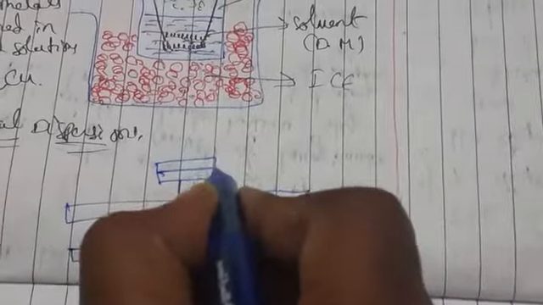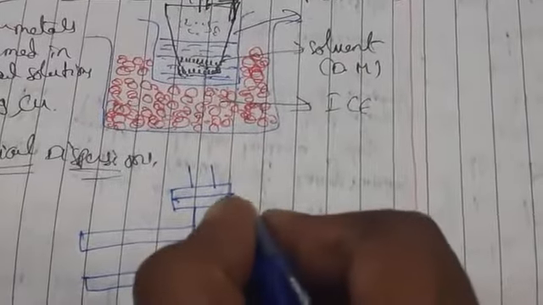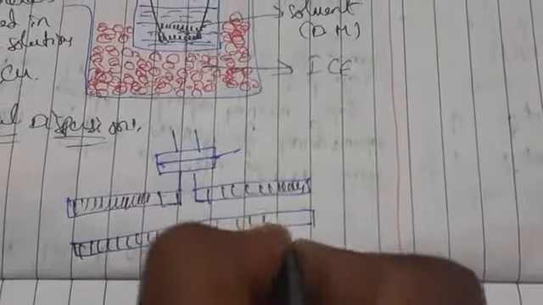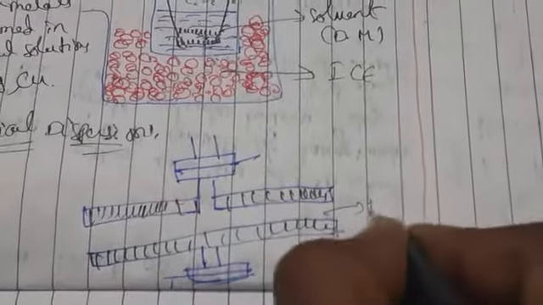So this is the mechanical dispersion method diagram. So here this is the discharge.